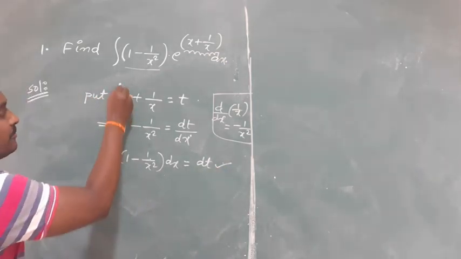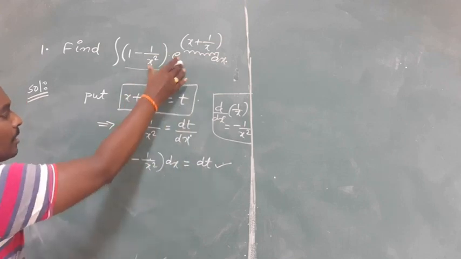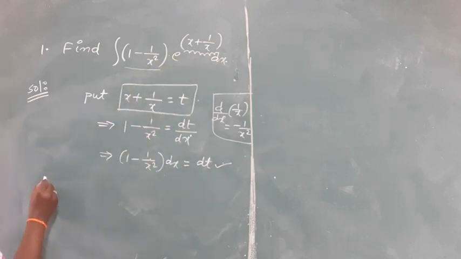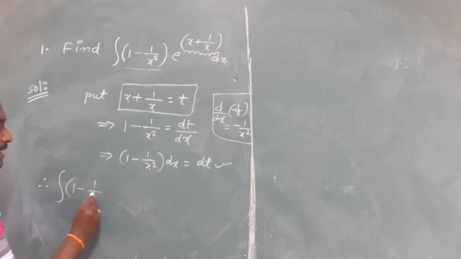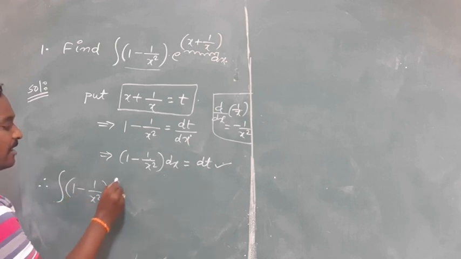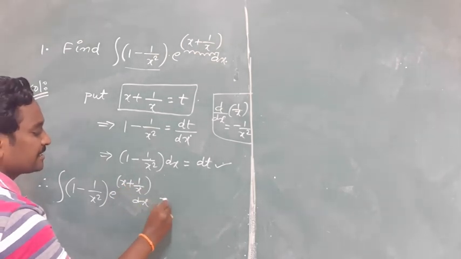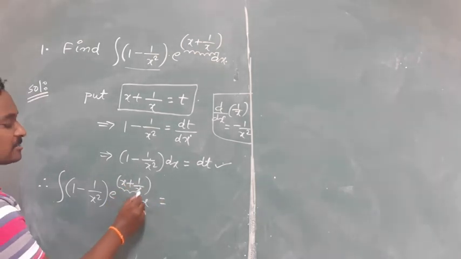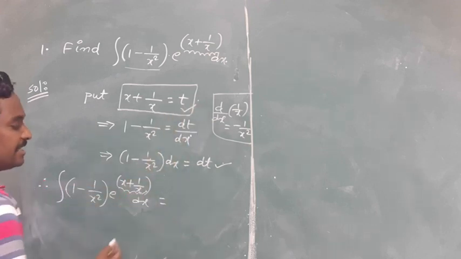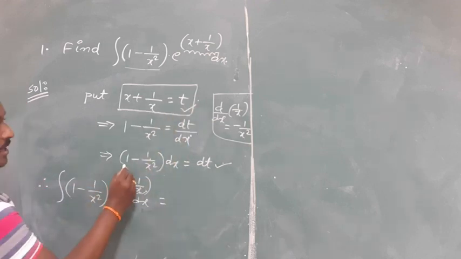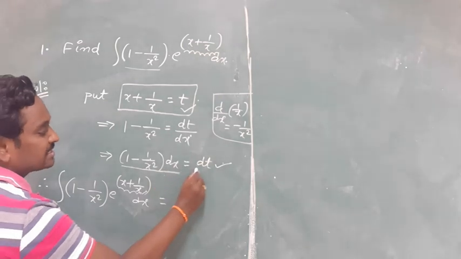Now with this substitution, the given problem, integral of (1 minus 1 by x square) e power (x plus 1 by x) dx, becomes as follows. Whenever we have x plus 1 by x, replace it by t, and we have (1 minus 1 by x square) dx is equal to dt.